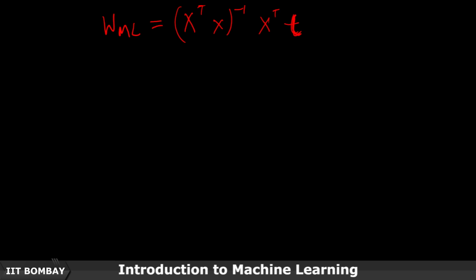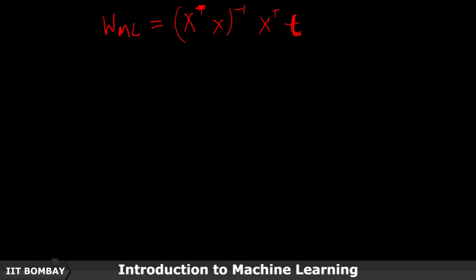Okay, let's unpack it a bit. So here what we have is X transpose X, right. So what is X? The dimension of X is n times d, X transpose will be d times n.